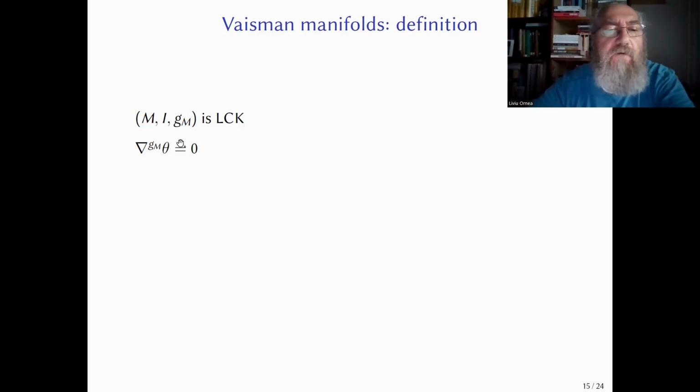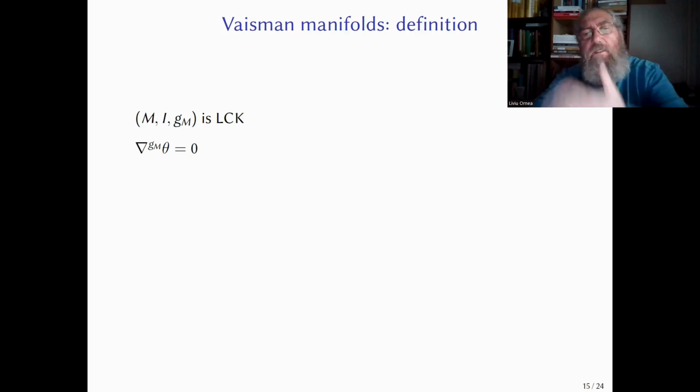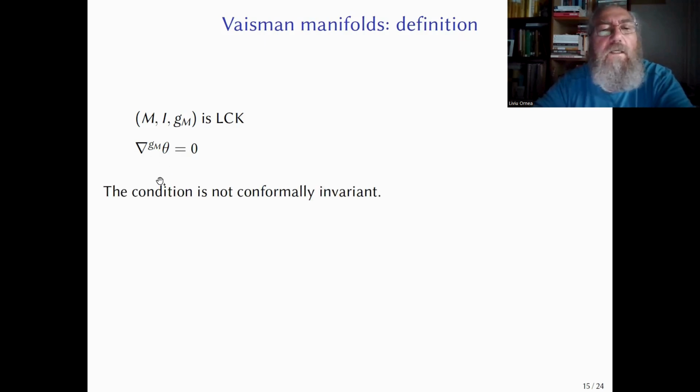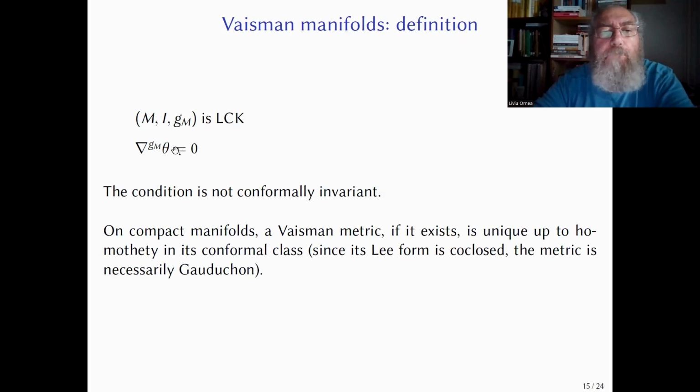So the definition of Vaisman is that you have an LCK and the Lee form is parallel with respect to the Levi-Civita connection. So you give a condition of holonomy, in fact, and with this condition you exit the realm of conformal geometry, because this is not conformally invariant. And of course, nabla theta equals 0 implies the codifferential of theta equals 0.